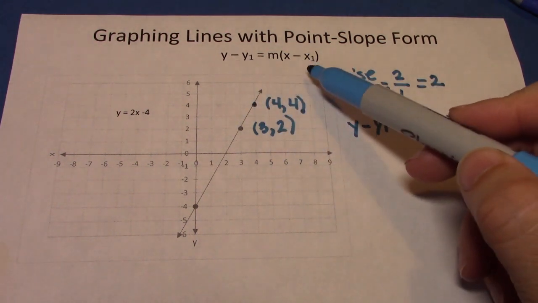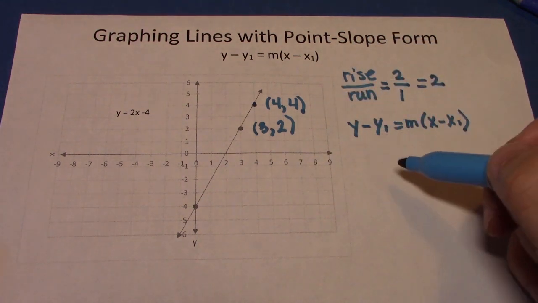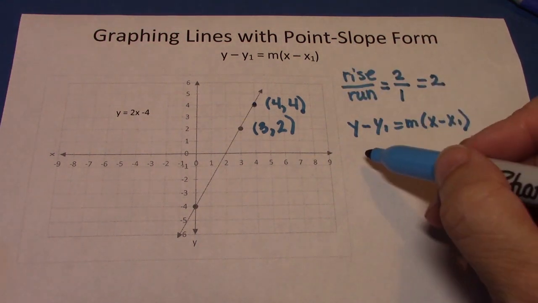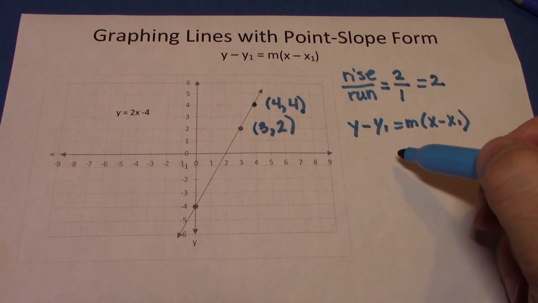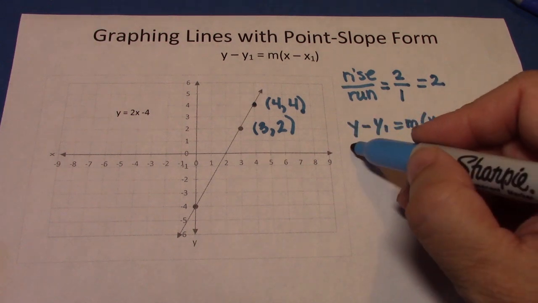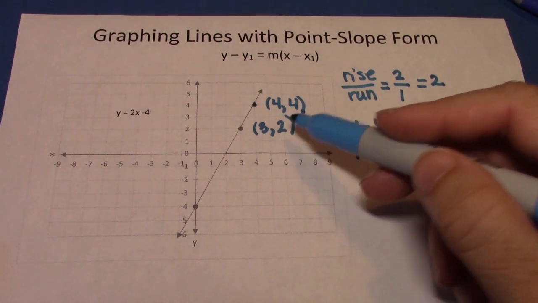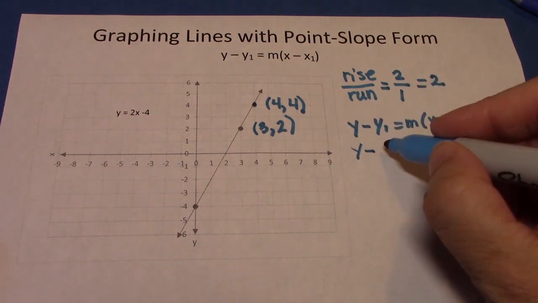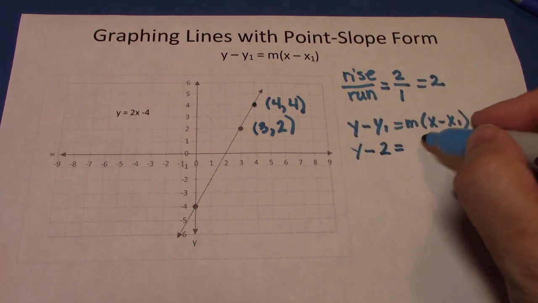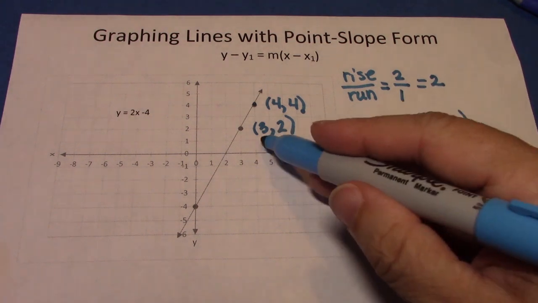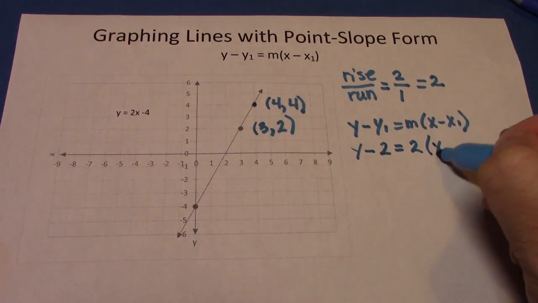Here's our equation for the point-slope form. Using this equation, we can substitute in what we know and get the equation of this line. We'll use this point, so the y value is 2, the slope we found is 2, its x is 3.